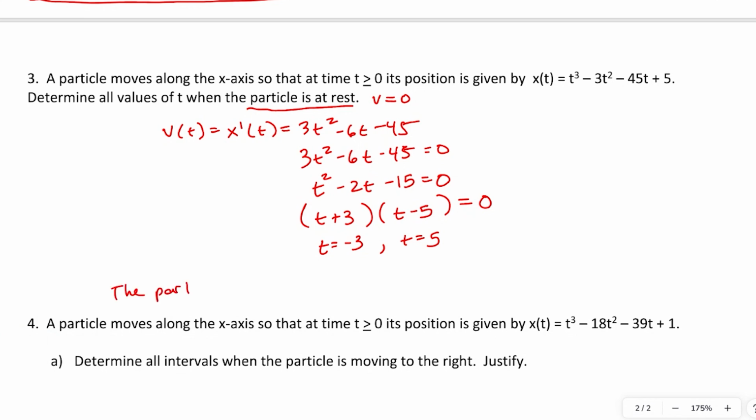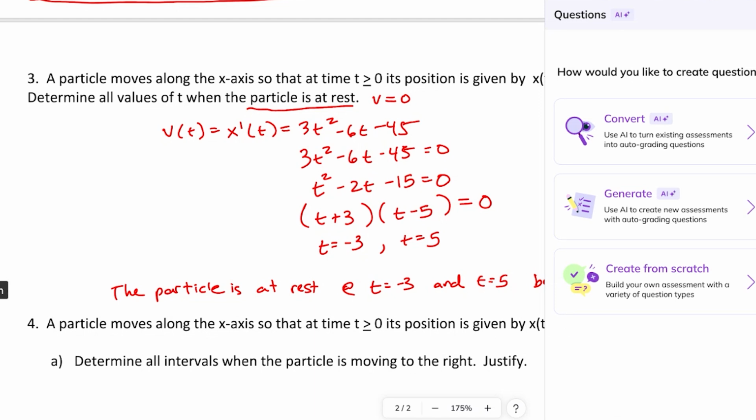So the particle is at rest at t equals negative 3 and t equals 5 because the velocity at those times is 0. Or I'm just going to say v is 0. There we go.